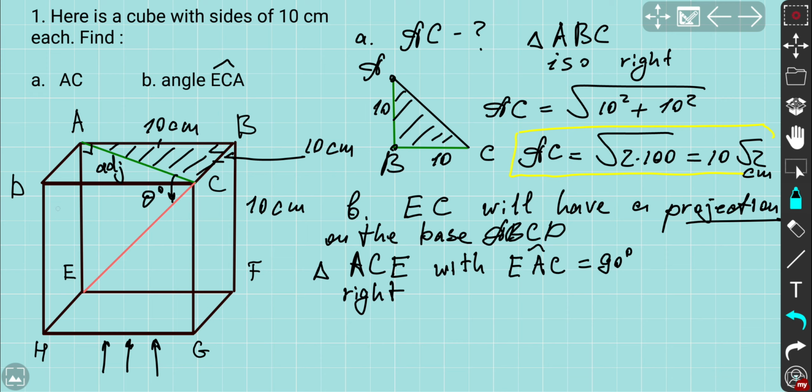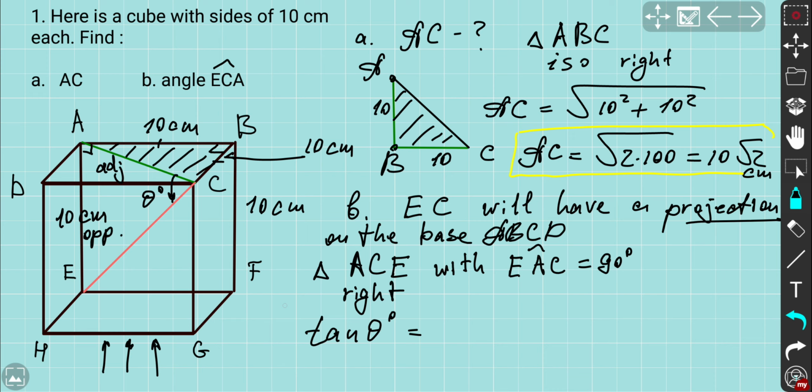What we also have is AE, and AE is 10 centimeters. Within that triangle, we need to use opposite to adjacent side, which is tangent. So we can set up tangent theta.